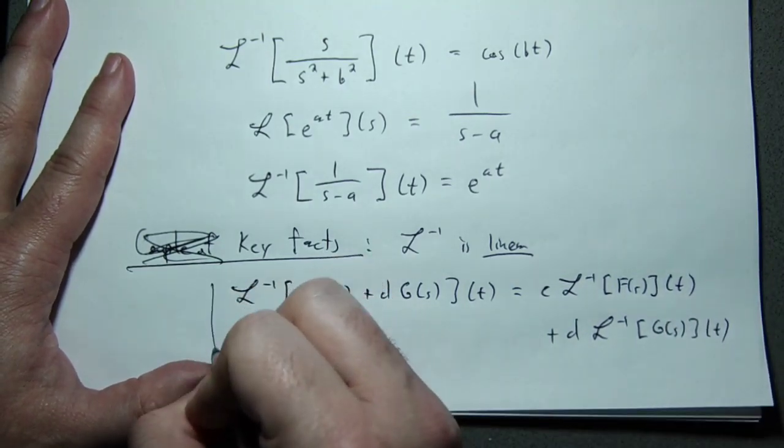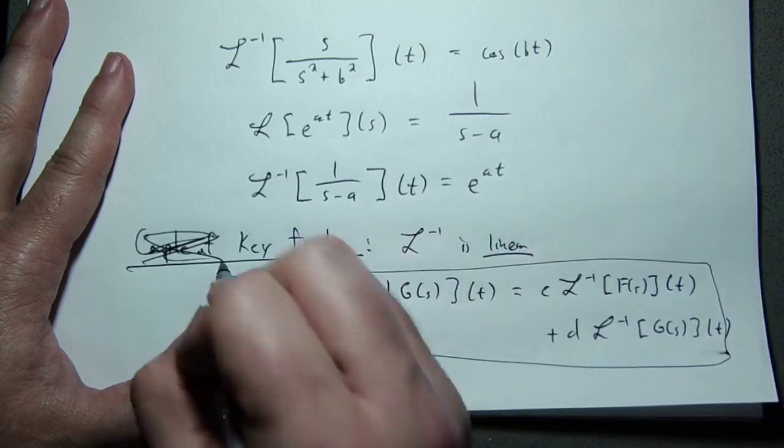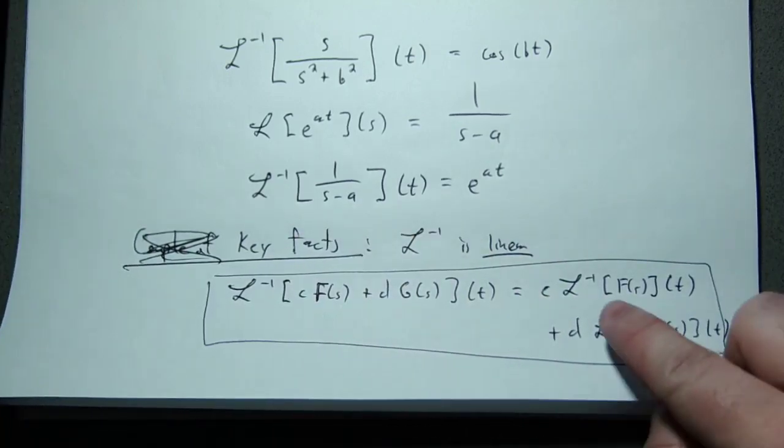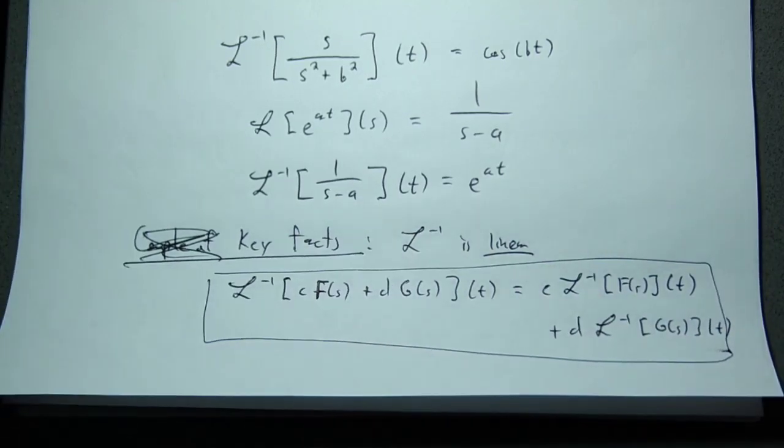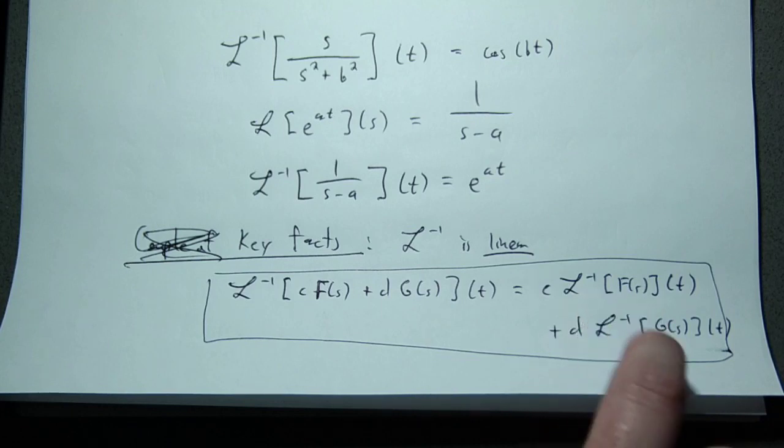So it's linear, meaning that if I have something in this form, I can break it apart into these pieces and compute the inverse Laplace transform on the pieces instead.